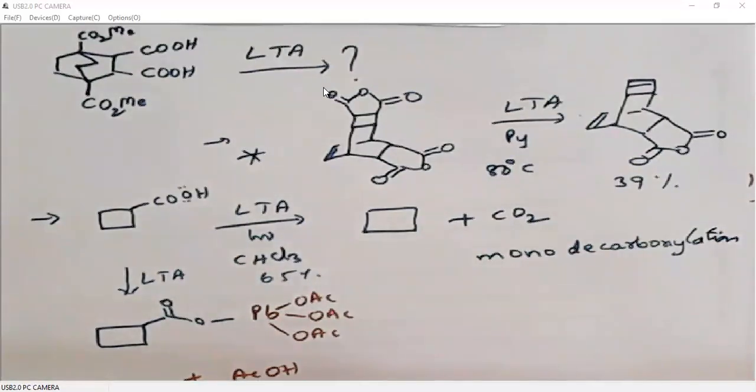So we will be generating this molecule. This molecule, under photochemical conditions, will undergo a radical elimination reaction. The bond between the carbonyl carbon and this carbon will undergo homolytic cleavage. So it will give like this. These are all radical reactions.